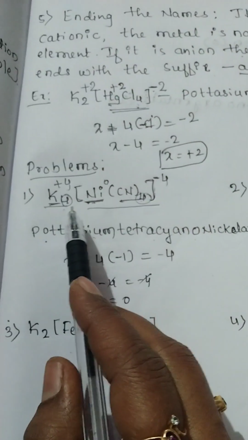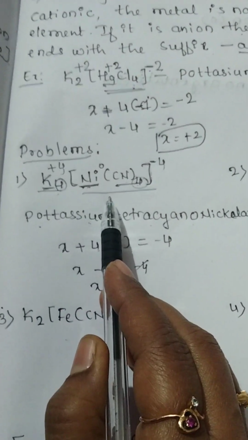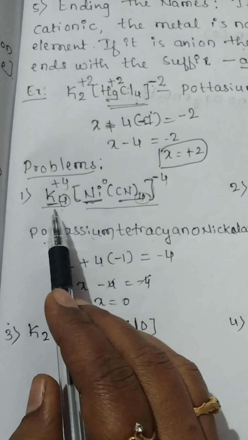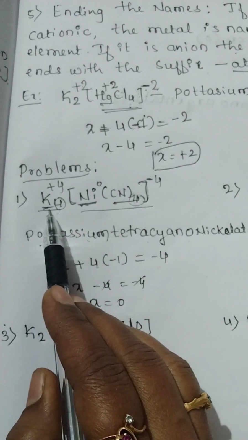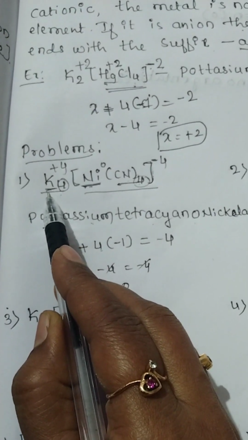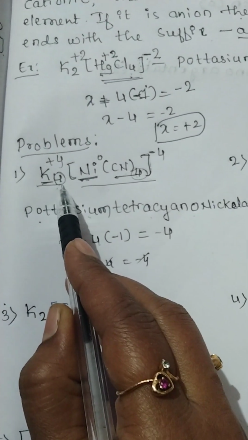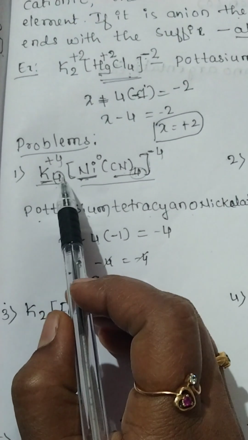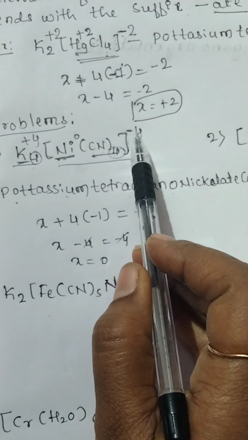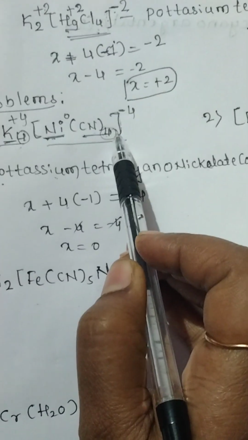cation. Here in the complex, we have to put a charge on the atom and the sphere. The potassium charge is +1. There are 4 potassium, so that is +4, and here it is -4.